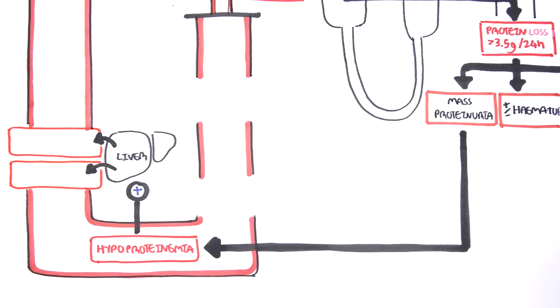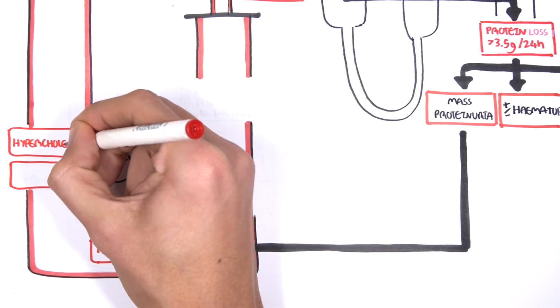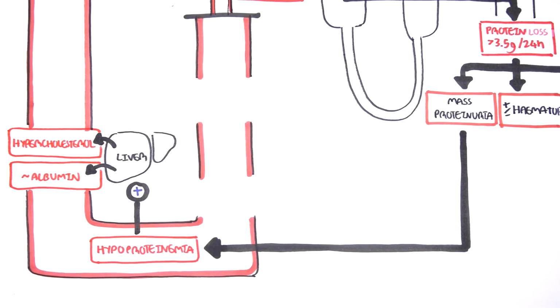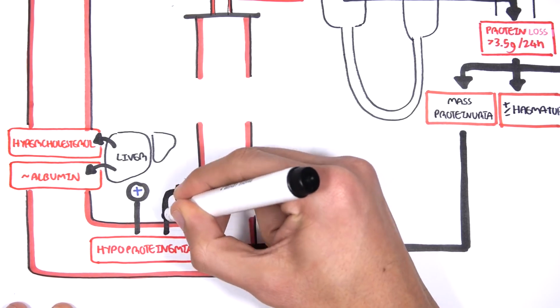And so the liver works on overdrive, producing not only proteins such as albumin, but the liver will also produce cholesterol. The cholesterol is not necessary, but occurs anyway, resulting in hypercholesterolemia.